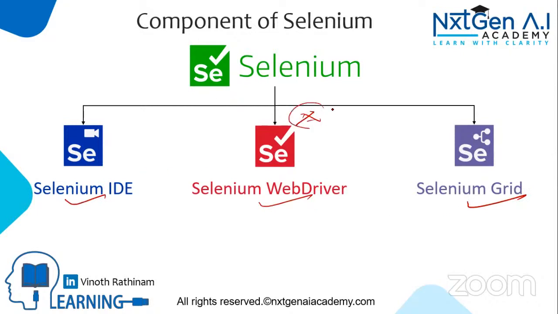For our training, we will be fully focusing on Selenium WebDriver. Again, this is an IDE. Anyone can use this without knowing programming. Just like that, you can install it and do it. And the Grid is for parallel execution, we will see that concept quite later.